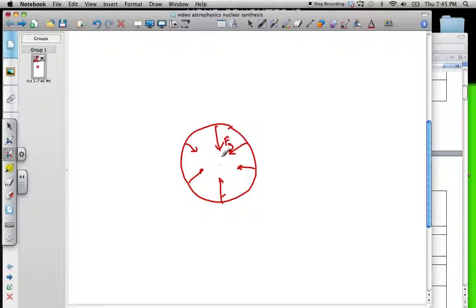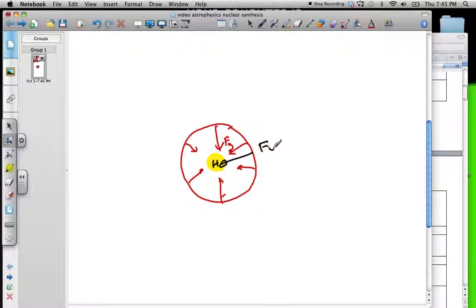Now, as it does that, it causes tremendous pressures, and also you get a real rise in temperature in the core here. So in the core, you get a rise in temperature, a rise in pressure, and the hydrogen in here gets forced together, and when it gets to a high enough temperature and a high enough pressure, you get fusion inside.